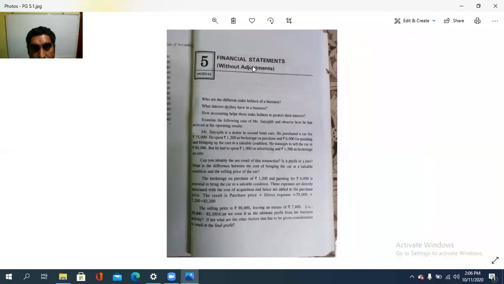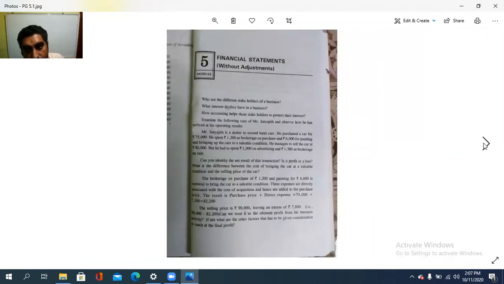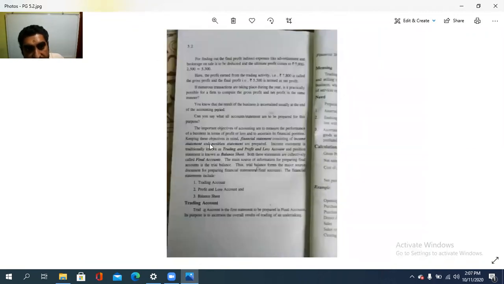The module is financial statements without adjustments, which means you need to study without adjustments only. Only one adjustment will come, closing stock. The rest you need not study, only the basic part. So ignore the first part; we will start with this area.